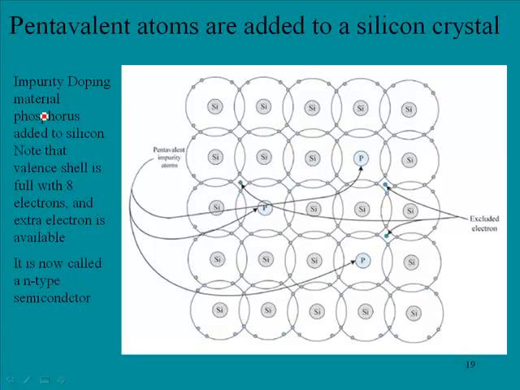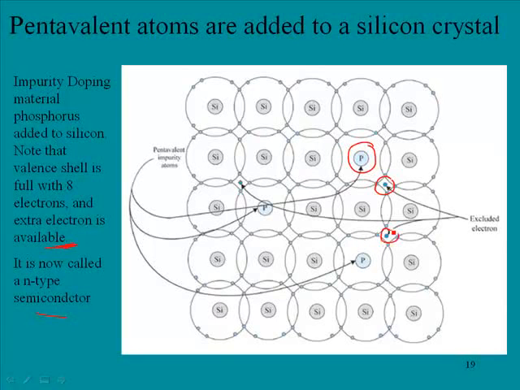Impurity doping material phosphorus is added to the silicon. Note that the valence shell is full with 8 electrons, and the extra electron is now available. It's now called N-type material. So here we have the nice silicon lattice structure until we get right here to this phosphorus atom. Since it has 5 electrons in its outer shell, the outer shell is full with 8, and so now here we have that extra electron.